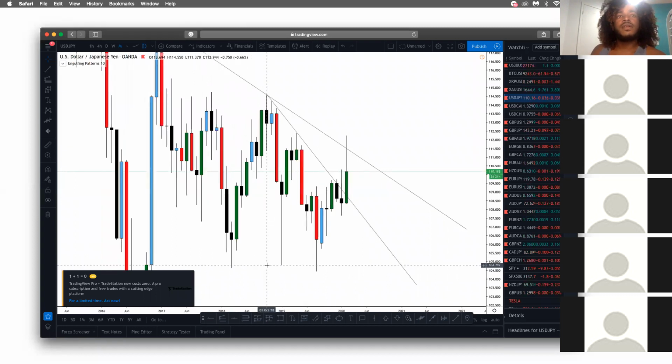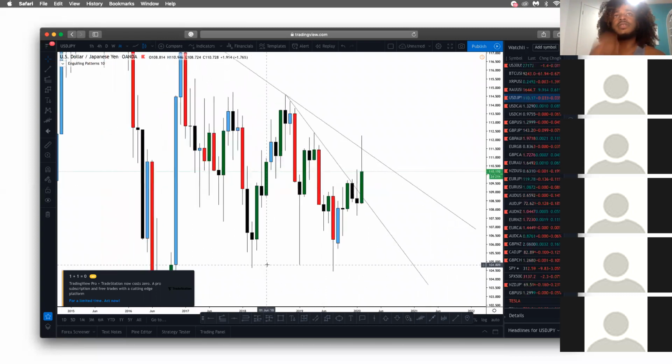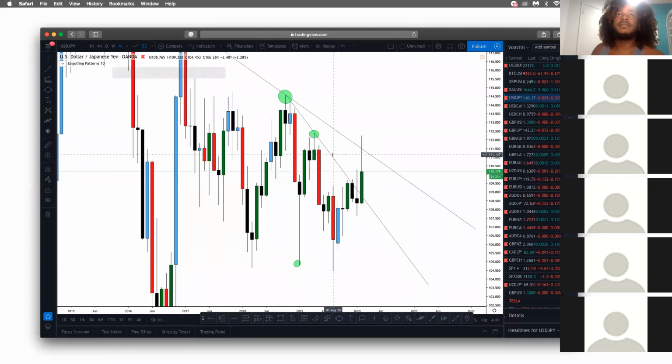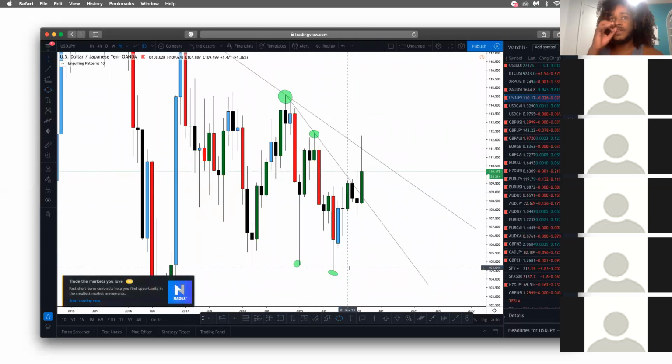Okay, all right. So this would be a lower low, right? However, we have a high here, and then we have a low, right? And then we have a lower high, and then we have a lower low because the market went lower than the previous low.